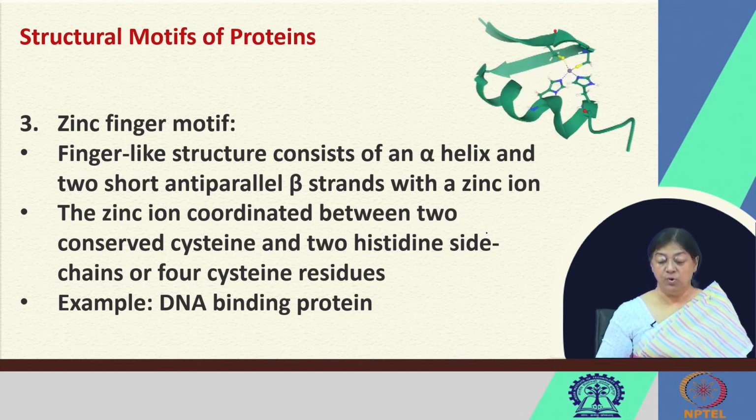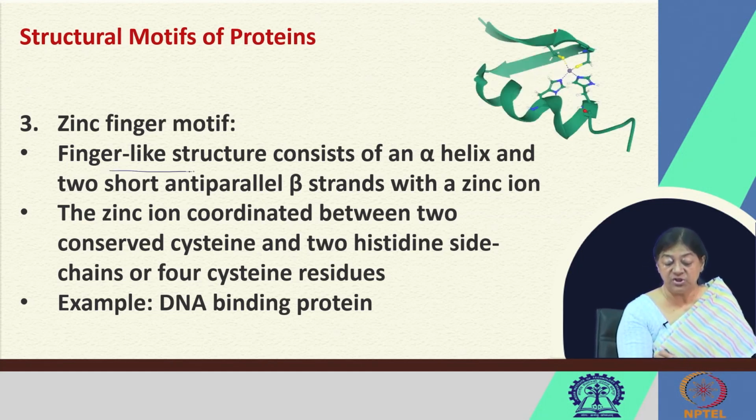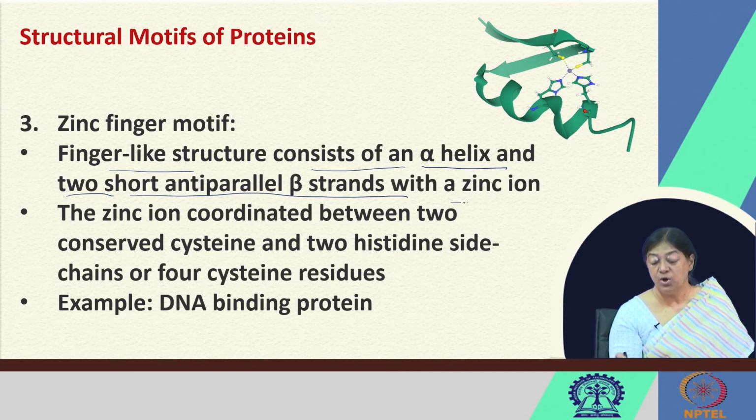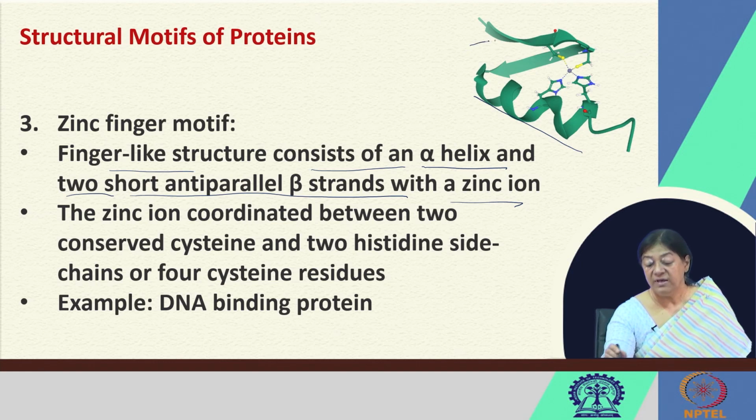In a zinc finger motif, we have a finger like structure that consists of an alpha helix and 2 short antiparallel beta strands with a zinc ion. So, here is the helix and here we have the antiparallel beta strand.